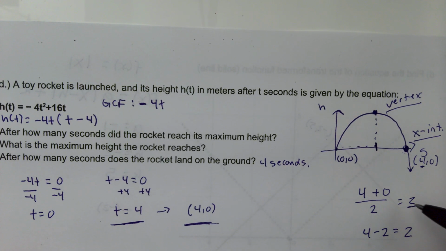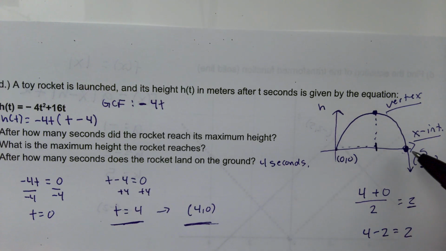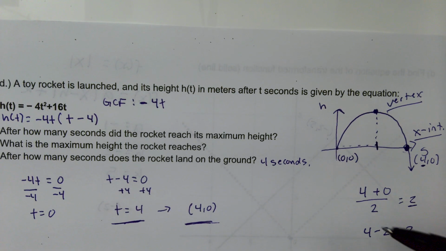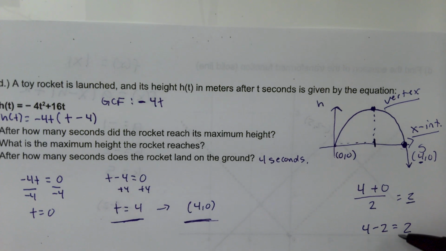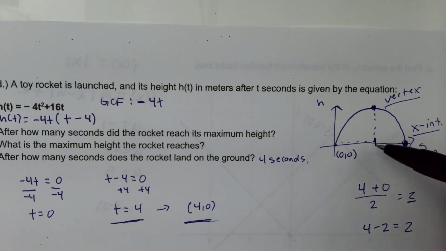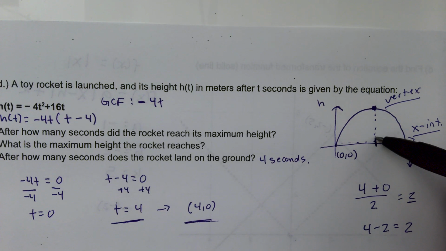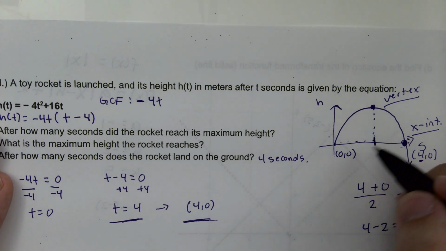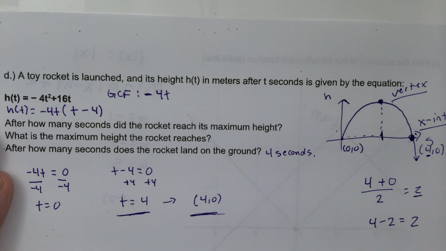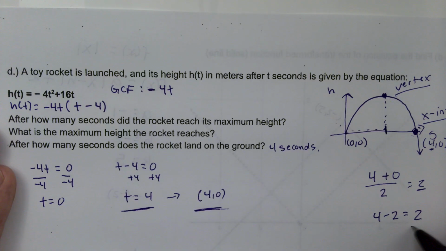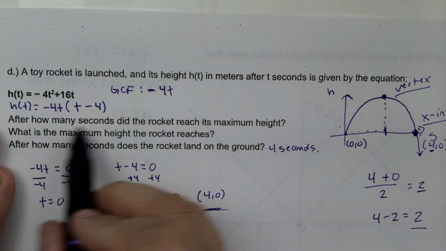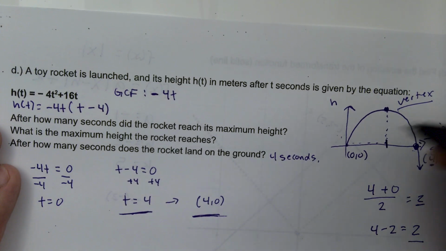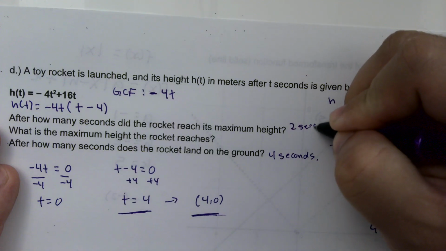It is 2 because that is what makes this point equidistant to 0 and equidistant to 4. Equidistant meaning it's the same distance. So I know that after 2 seconds the rocket reaches its maximum height.